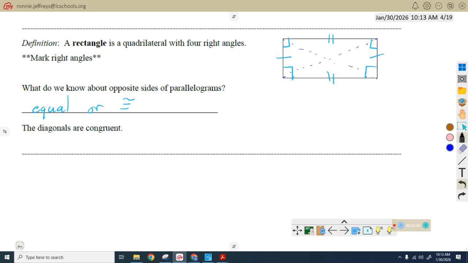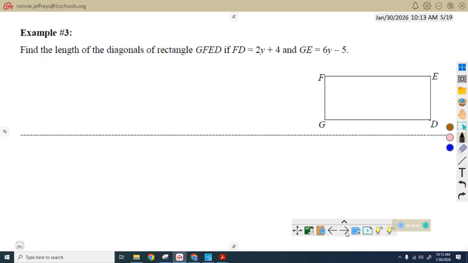So a lot of the questions that you're going to have about rectangles are, here's the expressions for the two diagonals, what's the value for x and what's their measurement. Kind of like this.